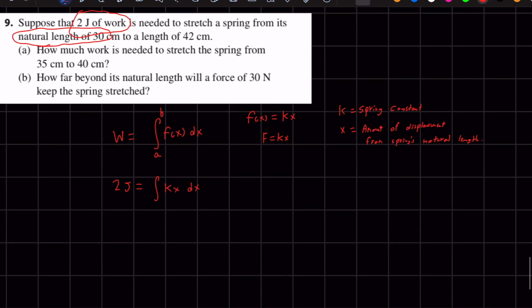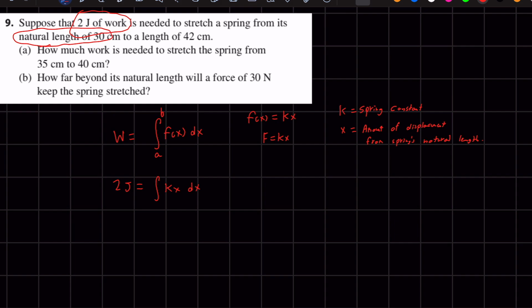We know that 2 joules of work is needed to stretch it from 30 centimeters to 42 centimeters. But remember, we're not going to write 30 and 42, because that doesn't show the displacement from its natural length. It's going from its natural length of 30 centimeters. So let's say its natural length, or starting point, is 30 centimeters.